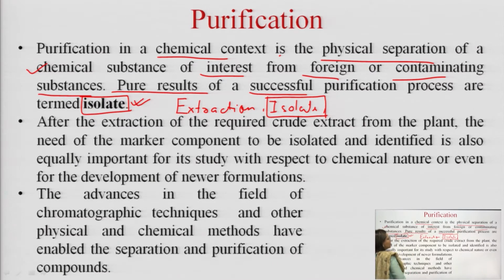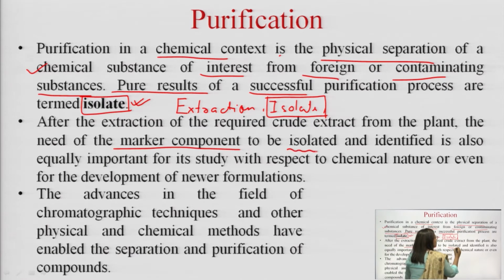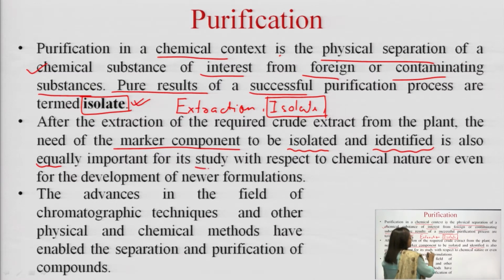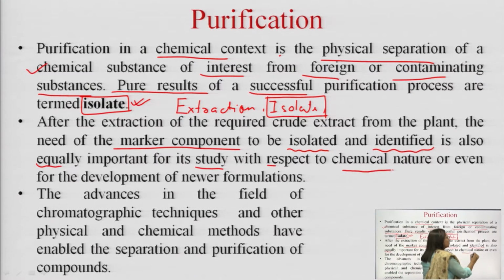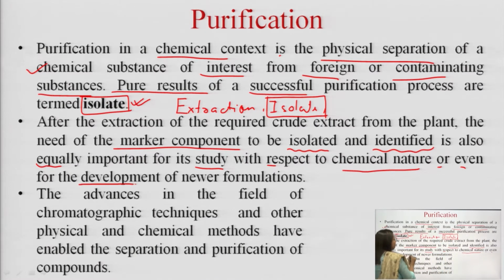After the extraction of the crude drugs from the plant, the need of marker components to be isolated and identified is also equally important for the study with respect to chemical nature or even for the development of newer formulation.